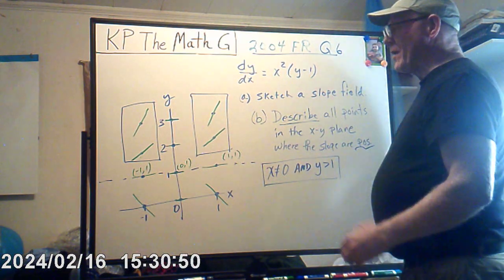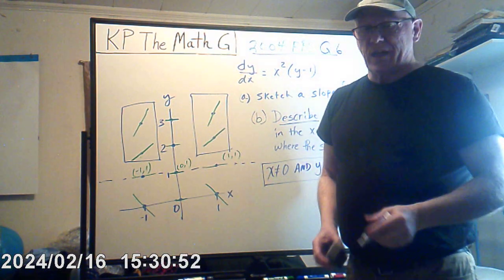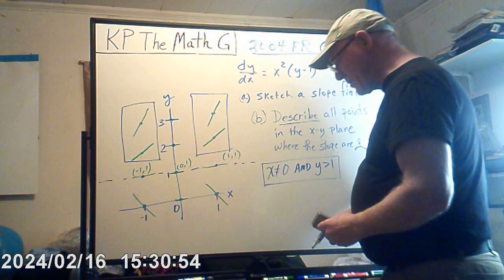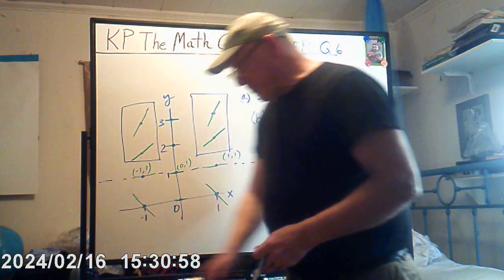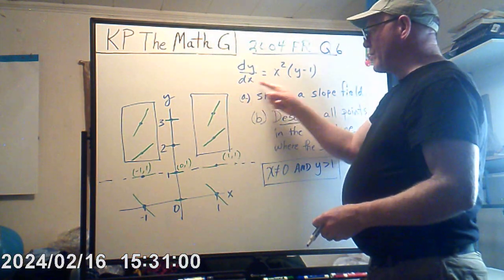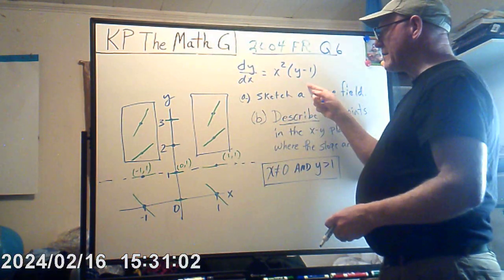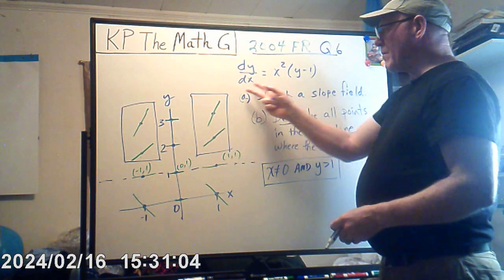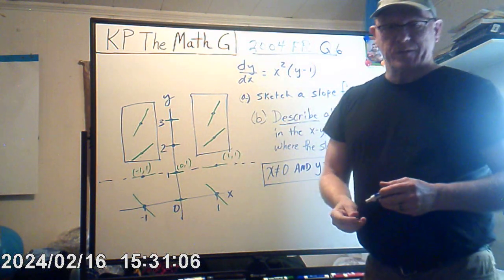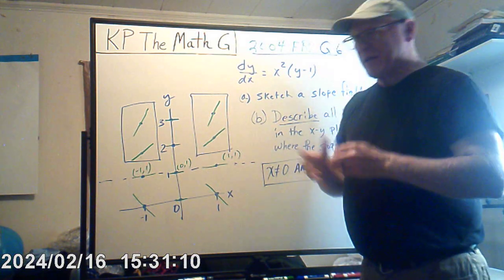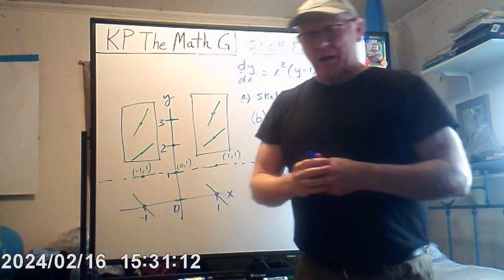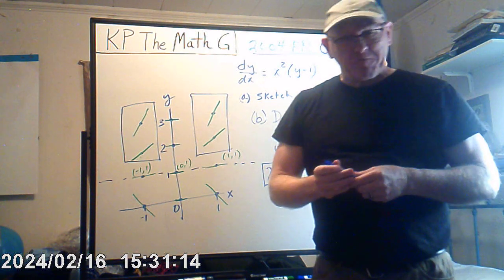Now, when we do the third part of this video, which I'm going to do at another time, we're going to separate the variables on this one. And we're going to have an initial condition.